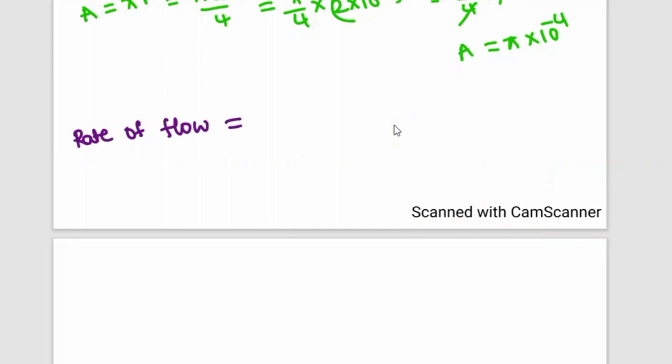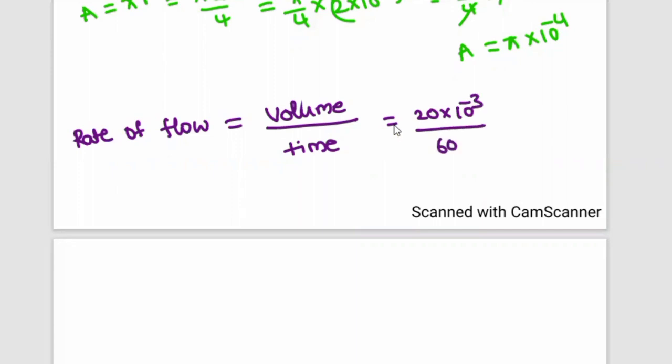Rate of flow is equal to volume divided by time. Volume they have given as 20 liter, 1 liter is equal to 10 power of minus 3 meter cube, divided by time value, 1 minute, 60 seconds. So 3 times. That means it is 1 by 3 into 10 power of minus 3 meter cube per second. This is the rate of flow.